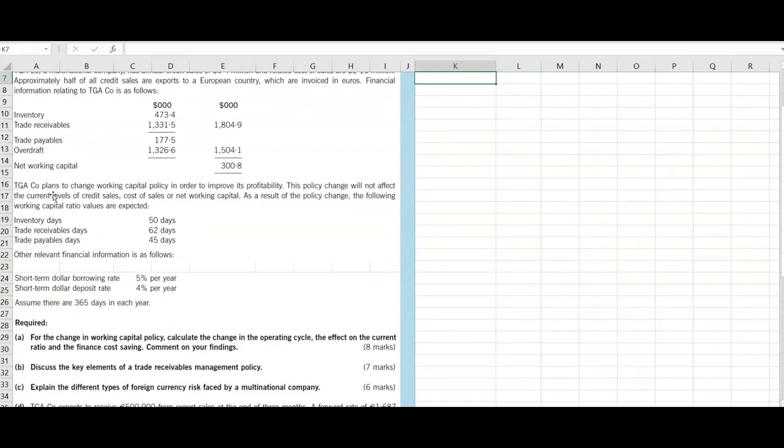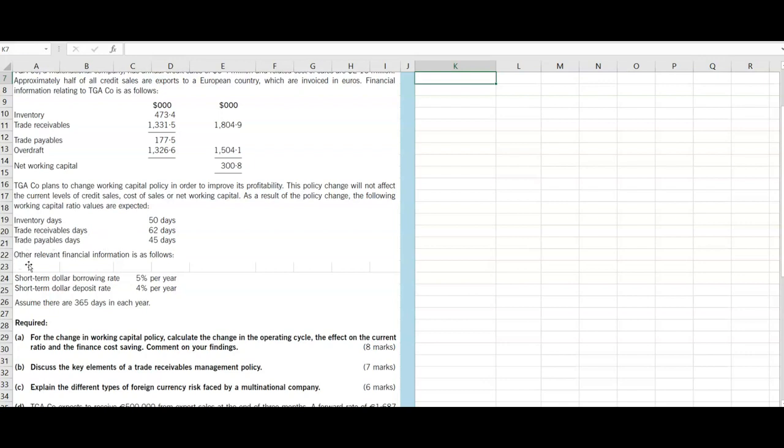TGA Co plans to change working capital policy in order to improve its profitability. This policy change will not affect the current levels of credit sales, cost of sales, or net working capital. This is a very important statement. As a result of the policy change, the following working capital ratio values are expected: inventory days, receivable days, payable days.